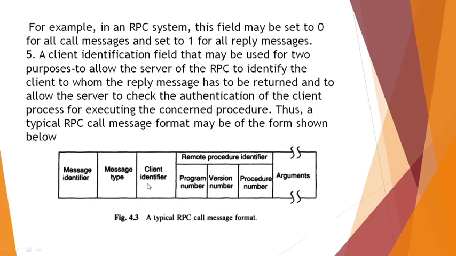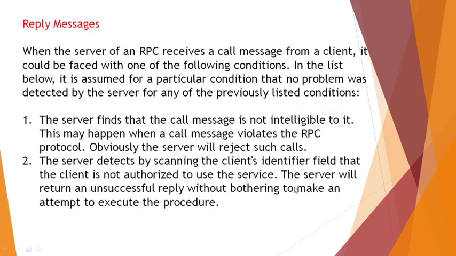We can check with this field. A typical RPC call message format is this: remote procedure identifier, consisting of program number, version number and procedure number; arguments required for running that procedure; client identifier; message type; and message identifier. This is the call message.